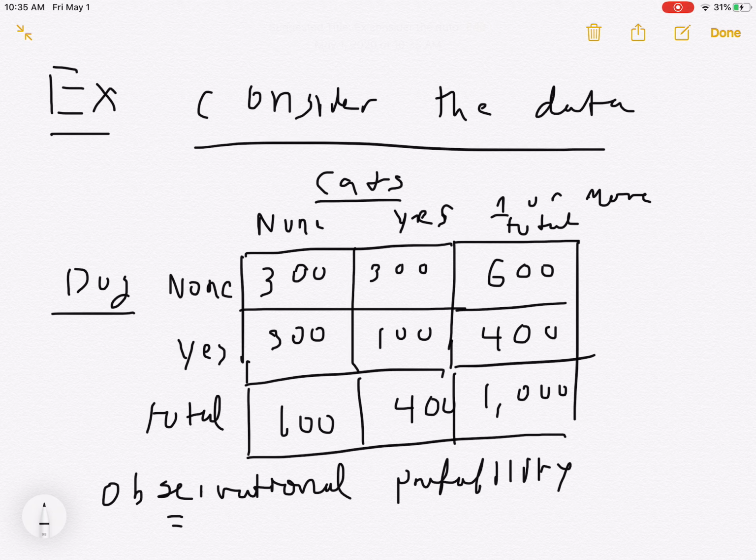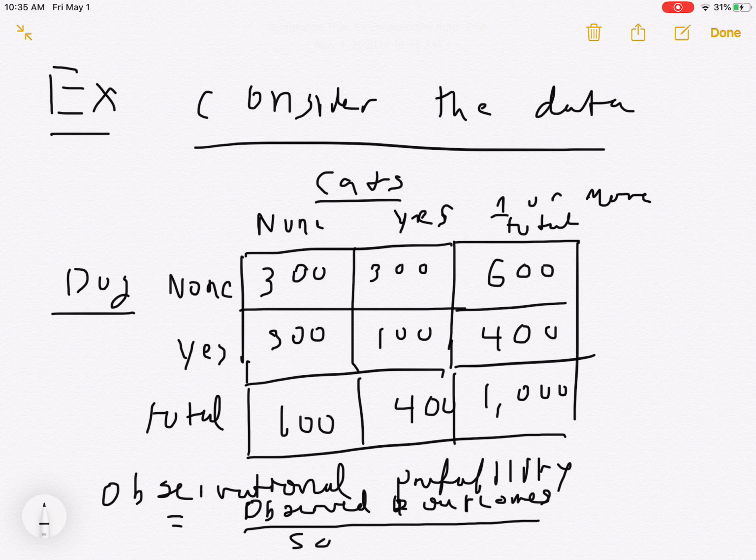And that is calculated by the observed number of outcomes divided by the sample size. Here the sample size is 1,000.